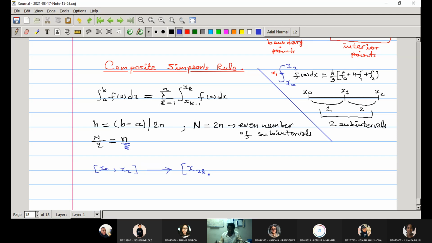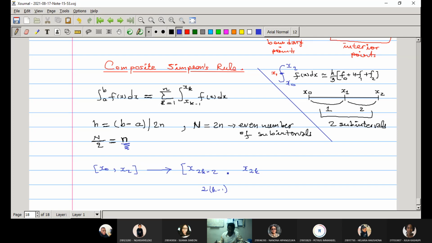Because I can say 2 like this, k minus 1, and then 2k minus 1 plus 1. So this will be minus 2. And then there will be another point there in the middle, but let me write the last one. This one, 2k.